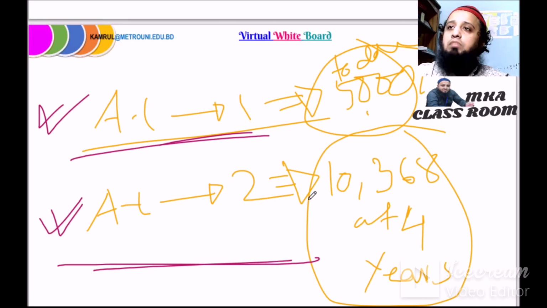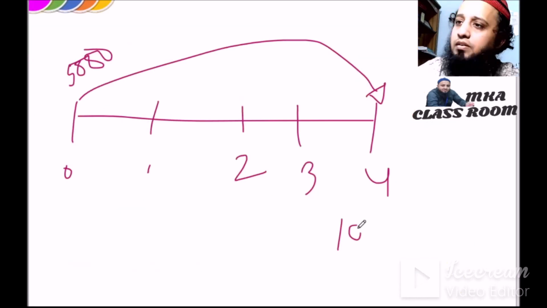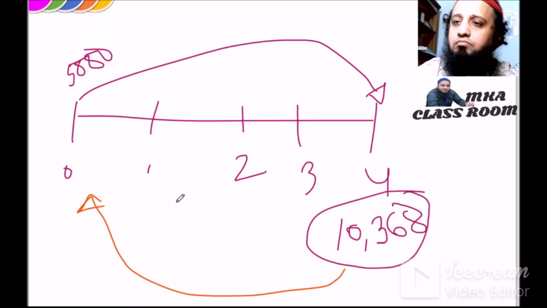Here it is said that after 4 years you will receive 10,368 taka. So, remember this amount. If we bring this amount to the 0 value, then we can compare.